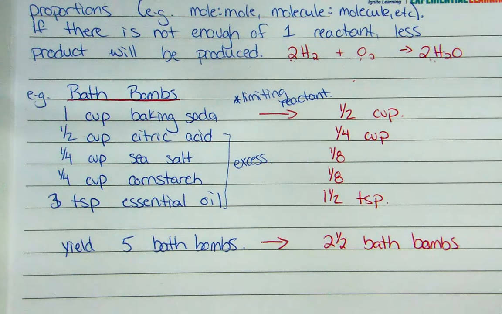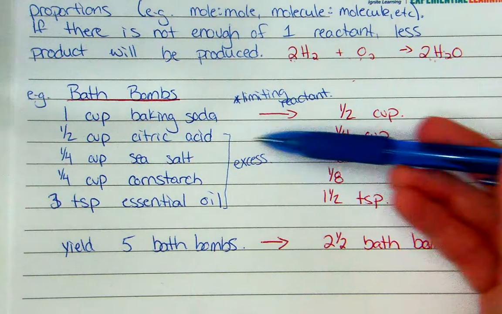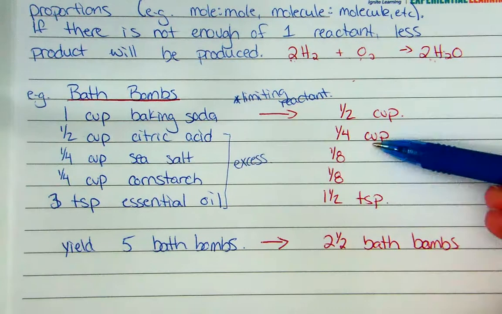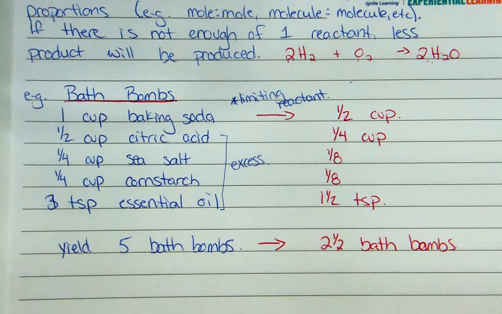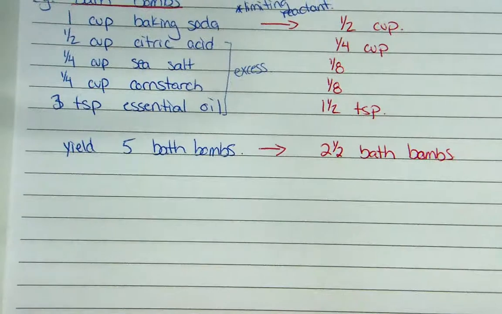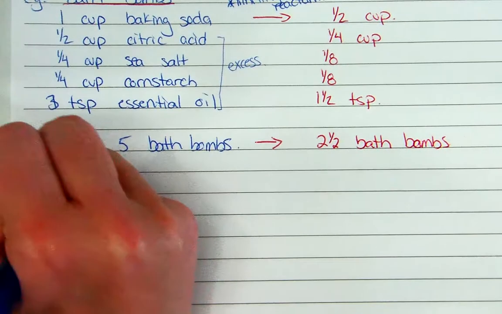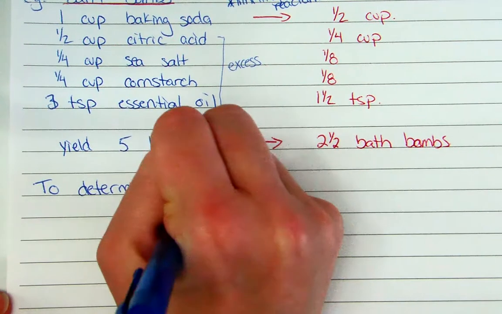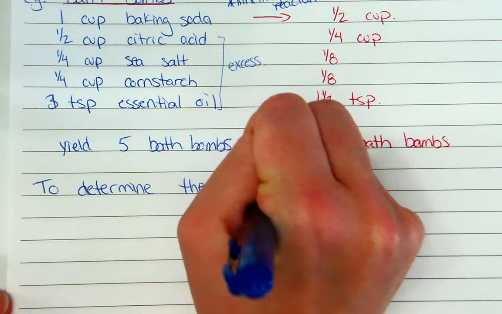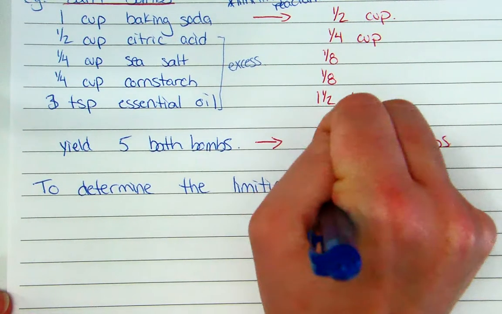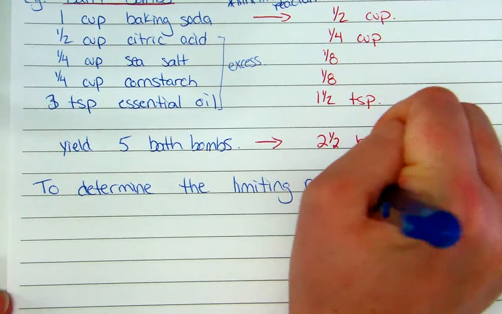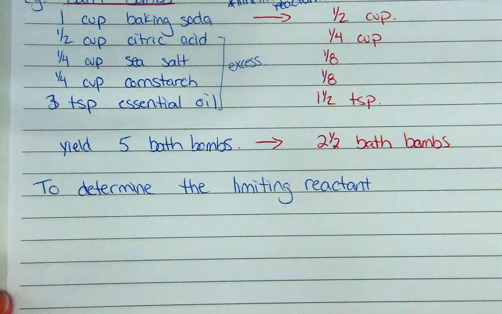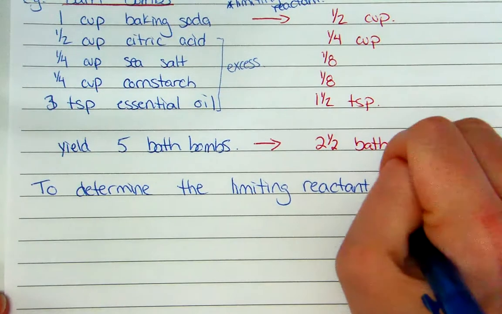Now, when we cook, when we bake, we know that it doesn't work the same. We don't just add our regular amounts in and only a proportion will be used. But we're going to move on to actual chemistry now. So, to determine what the limiting reactant is in a chemical equation, we're going to use, you got it, stoichiometry.